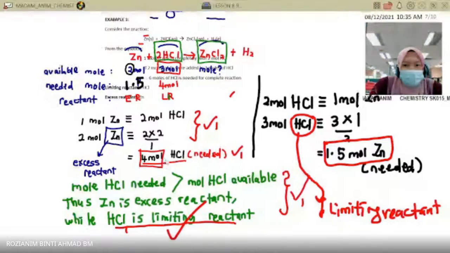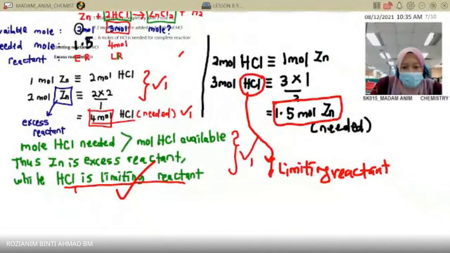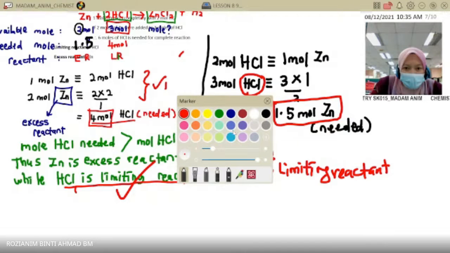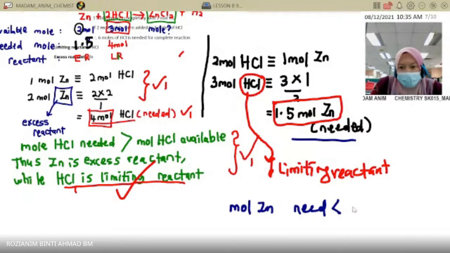So, conclusion kita betul masa mula-mula interpretation tadi. Cuma bezanya adalah cara kita tulis conclusion sahaja. Disebabkan you find out the needed for the zinc, kita akan tulis mole zinc needed smaller than mole zinc available.